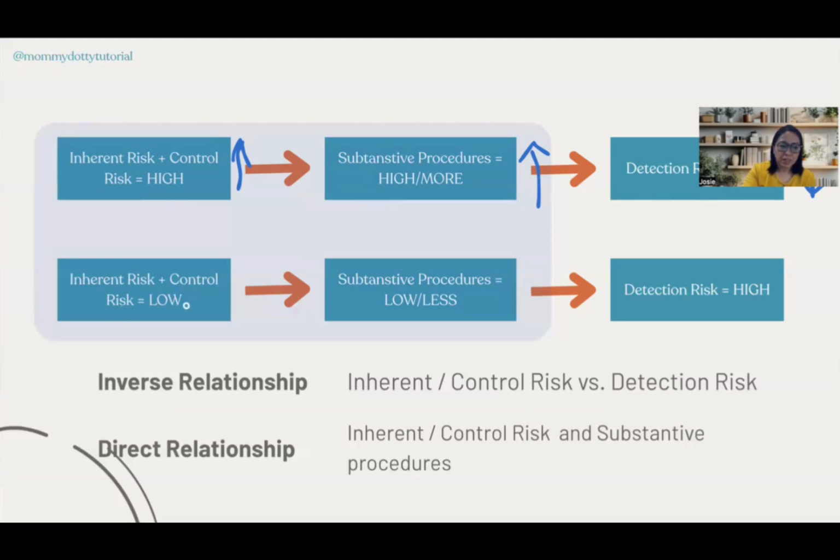If the assessment of the inherent risk and the control risk is already low, then the substantive procedures that the auditors need to do are low or less, and the auditor can accept a high detection risk. So that's why they have an inverse relationship, okay?